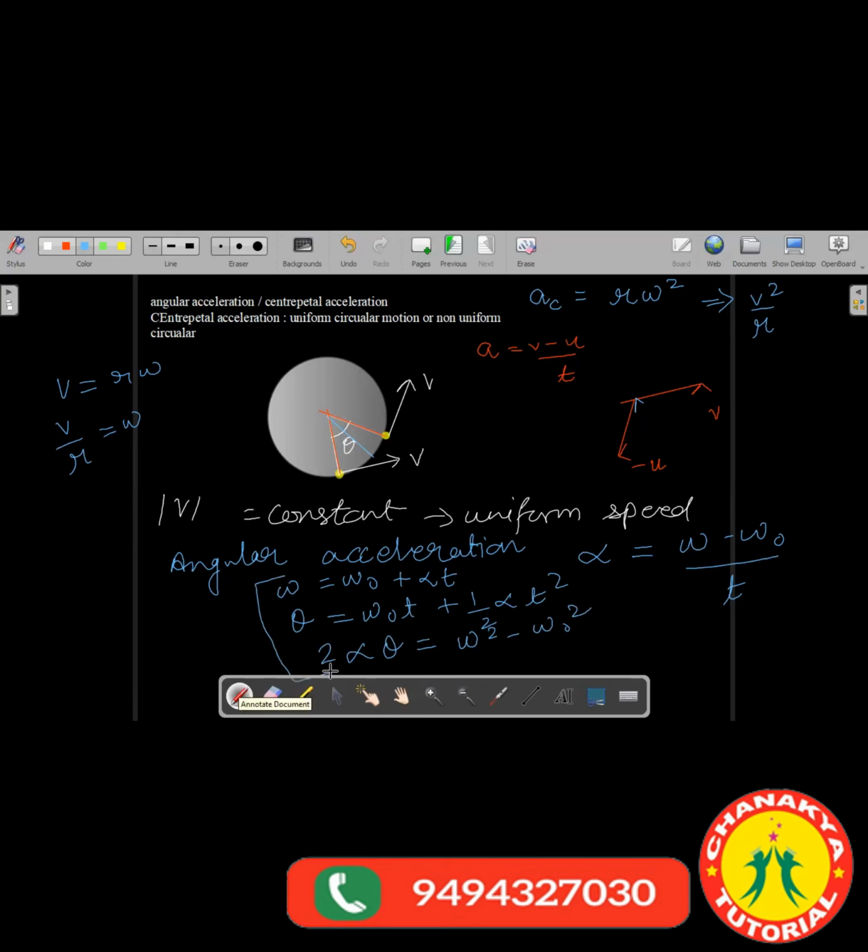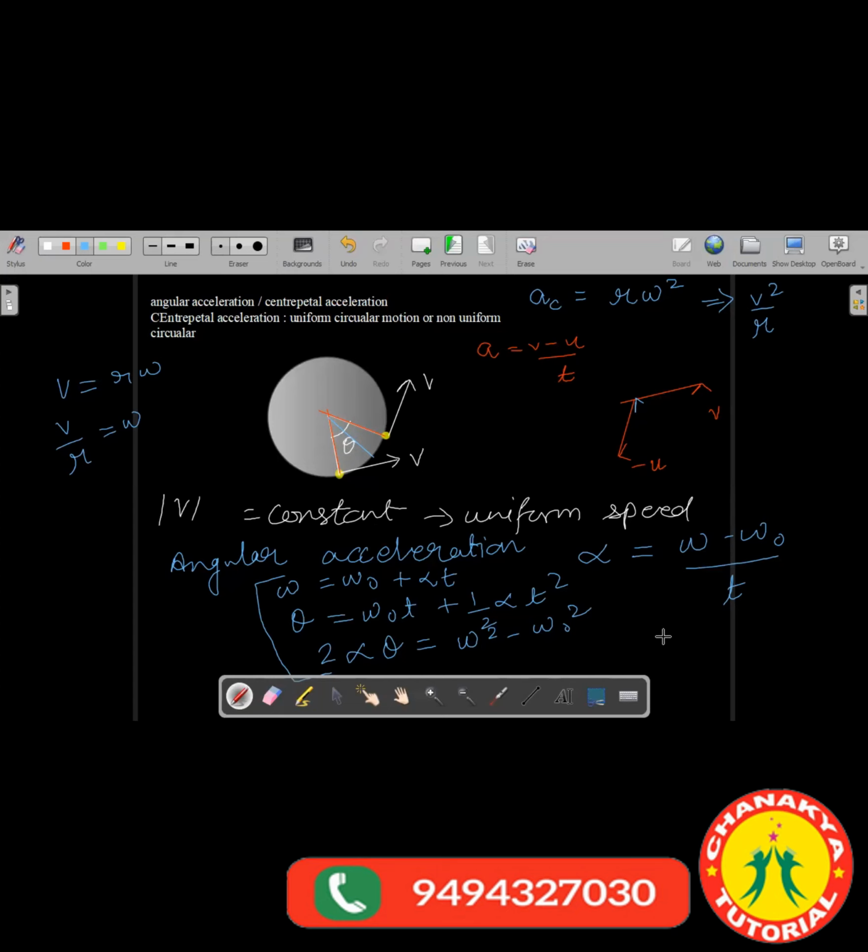So just a quick idea was given over here about the angular acceleration. If an object has an angular acceleration, then apart from the centripetal acceleration, there will be a tangential acceleration also applied to it. And this angular acceleration will impart some linear acceleration also.